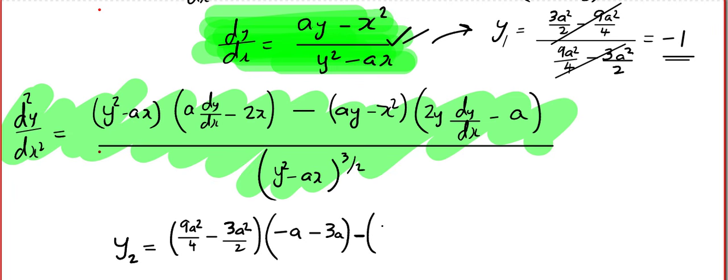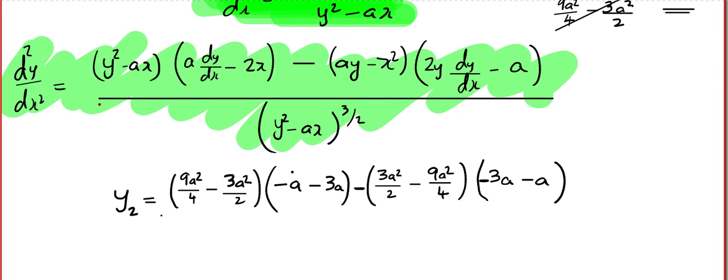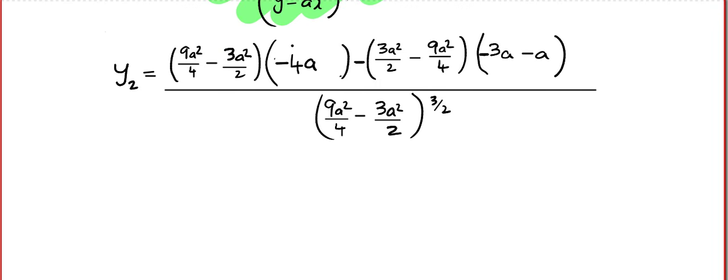Now ay means 3a square by 2, minus x squared into 2y dy by dx. How much? 2 into the y coordinate will be 3a into minus 1, because dy by dx is minus 1, minus a, the whole divided by y squared, and this will also become minus 4a.